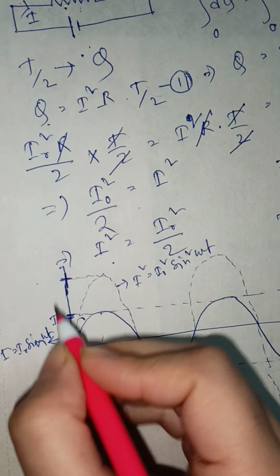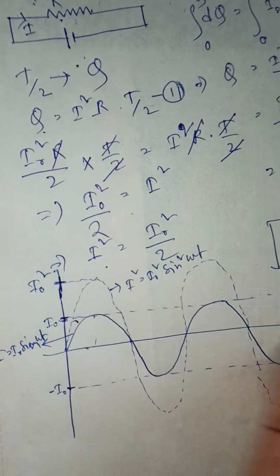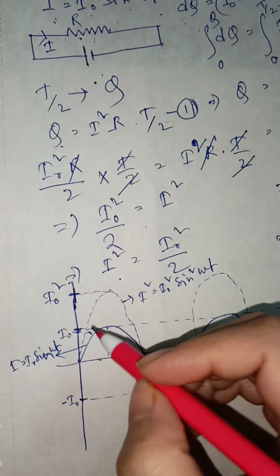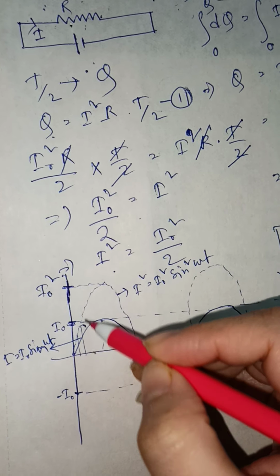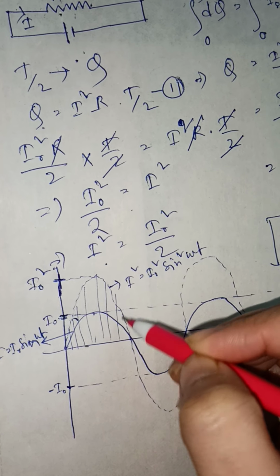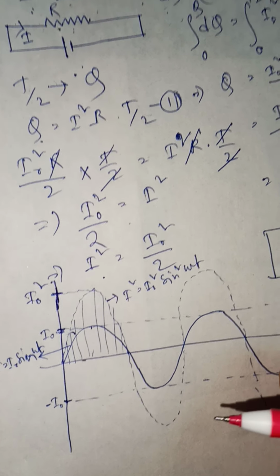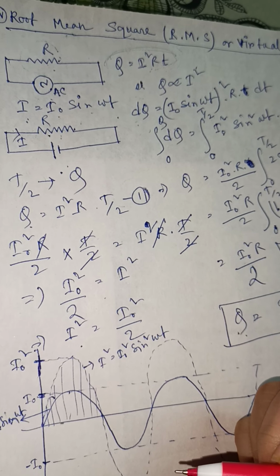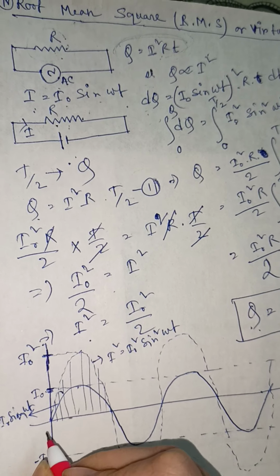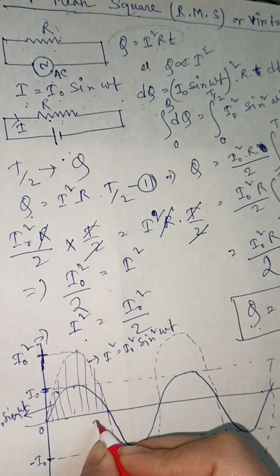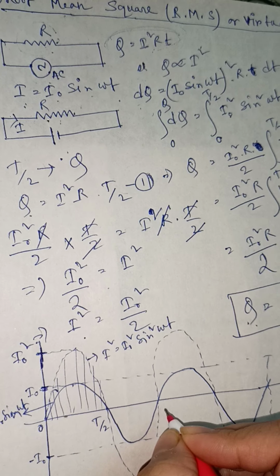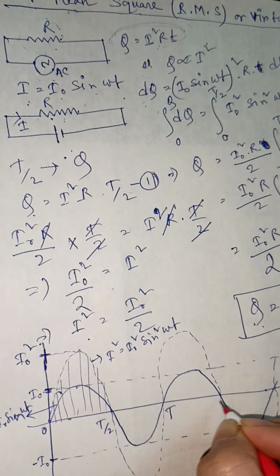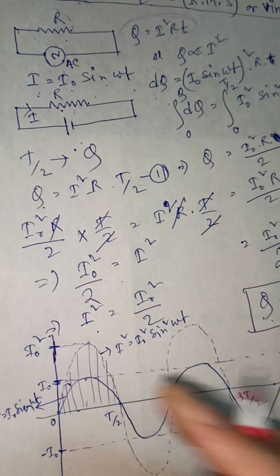So this one is I naught, then this one will be I naught square. Just look here, the area under this graph gives us heat. This is 0 to T by 2, this one will be T and this one will be 3T by 2.